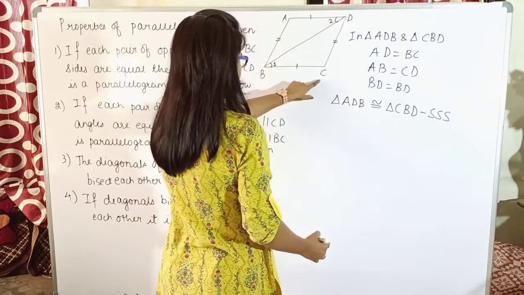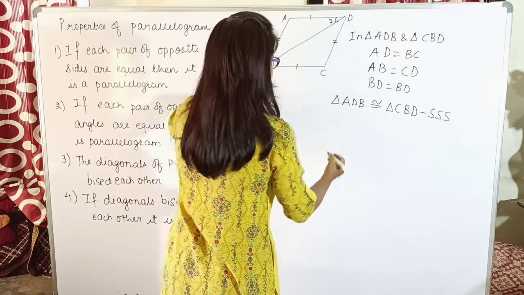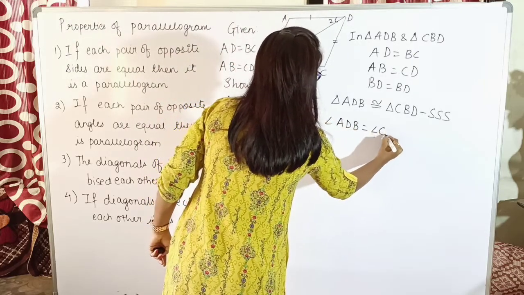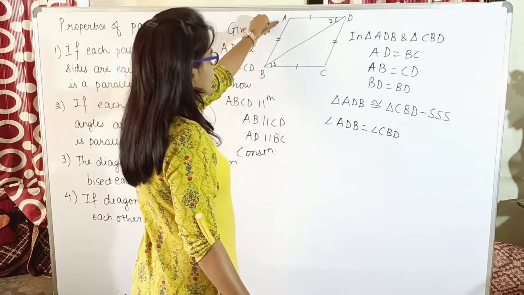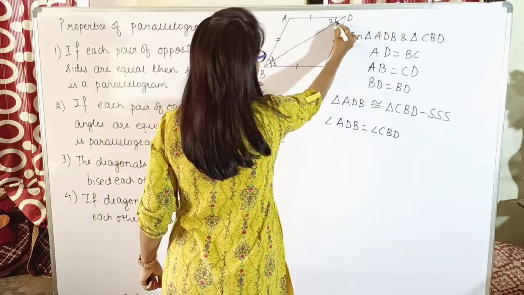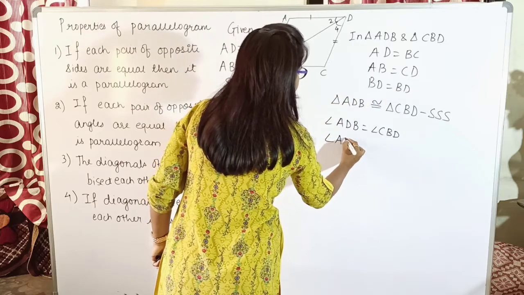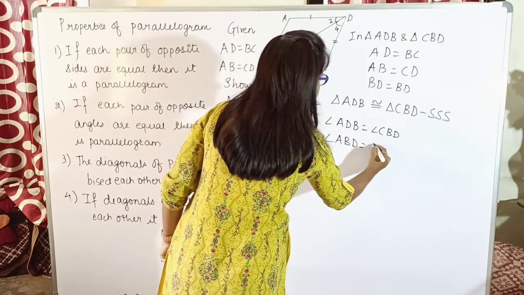Yes, so let us write this angle first, ADB is equal to angle CBD by CPCT. Similarly, ABD, so this angle 3 and this 4, they are also equal. So ABD is equal to CDB.